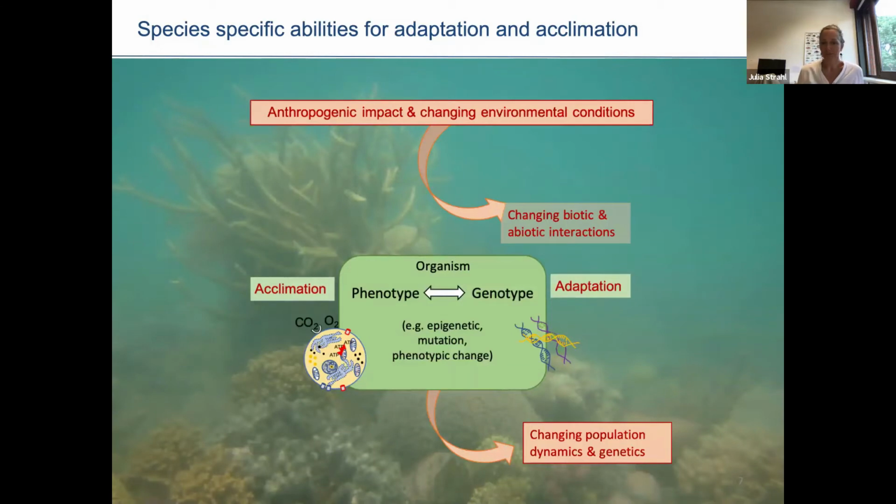And in the literature, it is strongly debated whether marine organisms will be able to acclimatize to the rate of ecosystem change that is happening at the moment and that is predicted for the future.